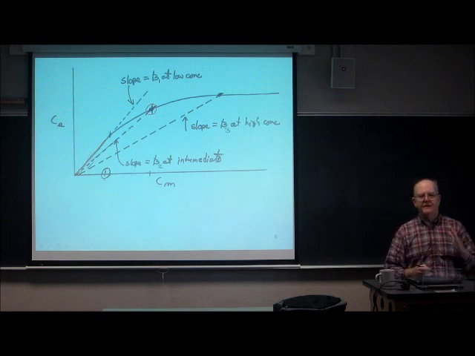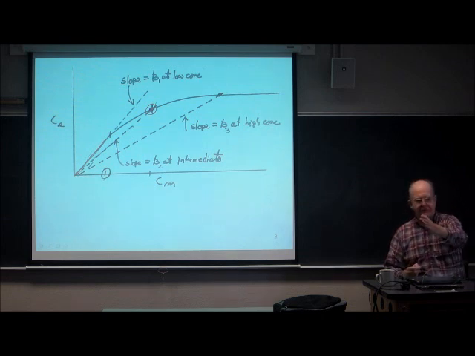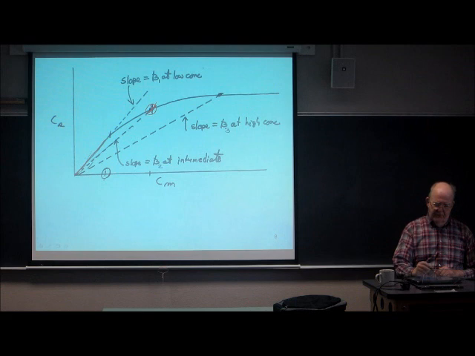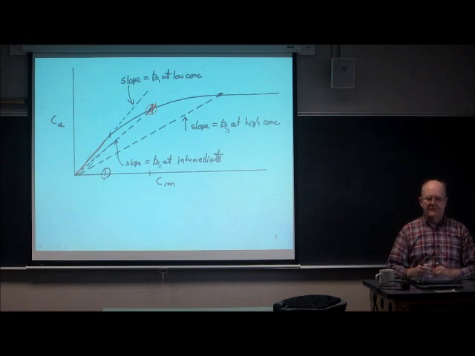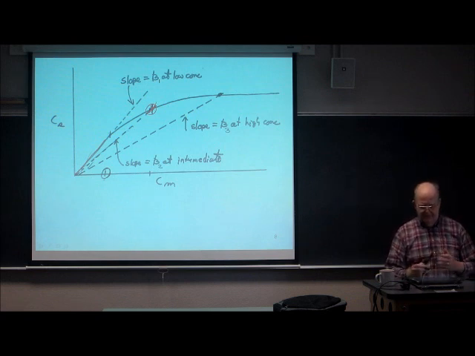I'm now on to the part of the isotherm where it started to curve. The average slope would be taken from the origin and where it crosses through this point on the true isotherm. And I say that that average slope corresponds to a certain beta. I'll call that beta 2.